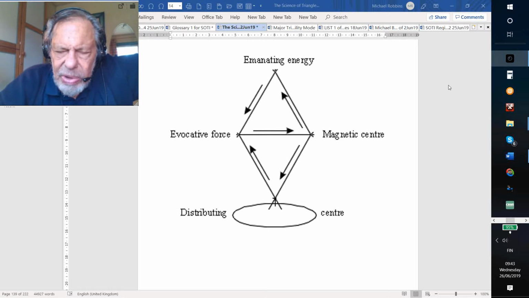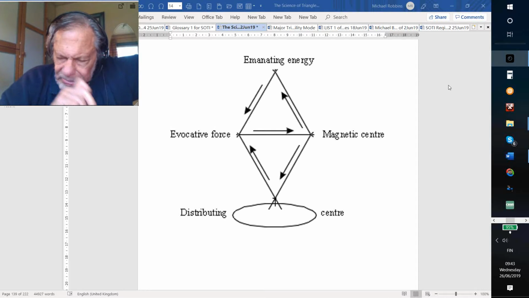But let's pretend that from our physical place, down here in the distributing center, within the physical body, let us say, we are applying for more energy from the soul. And we're really interested in that first line of the triangle that goes from the mental unit into the soul body.